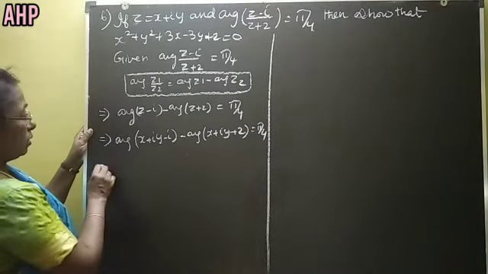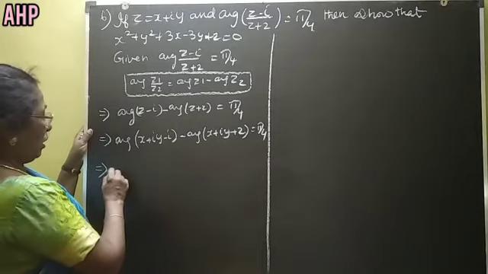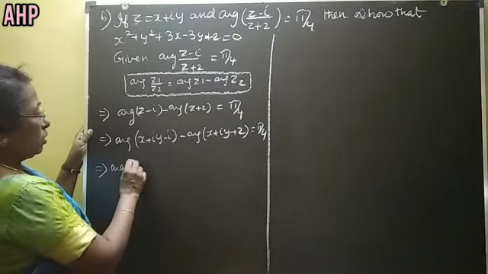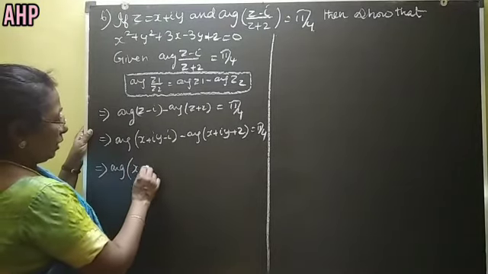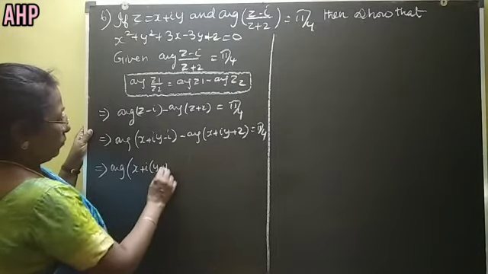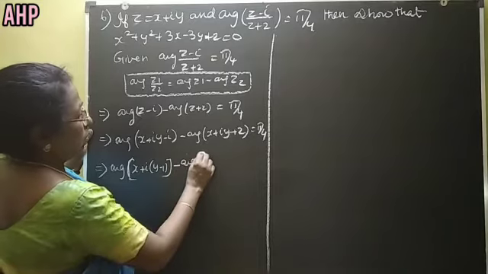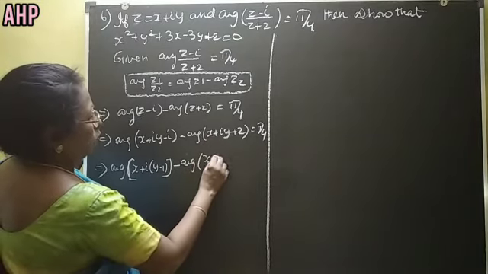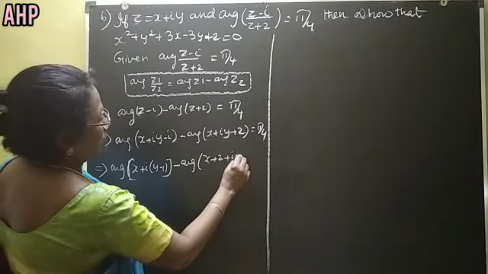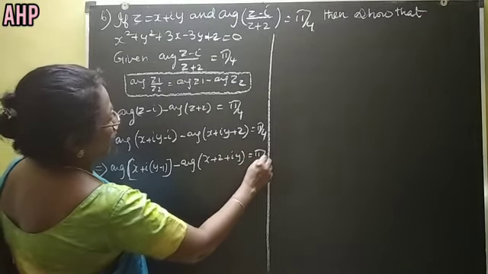So in the next line, we are going to group real and imaginary part. So this is argument of x plus i into (y minus 1), minus argument of x plus 2 plus iy, is equal to pi by 4.